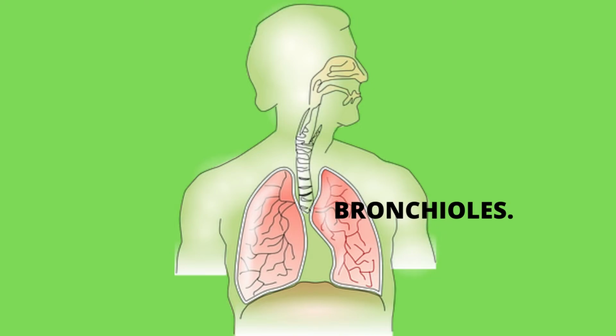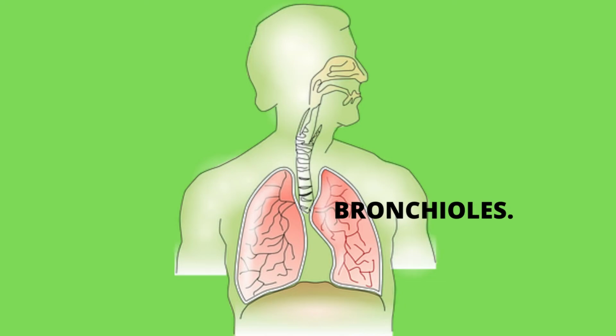Smaller and smaller bronchi: when the smaller bronchi attain a diameter of 1 millimeter or less, they are called bronchioles. This is also a short question.